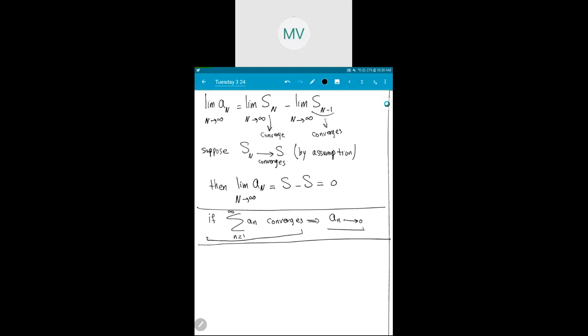Let me explain a little bit about this. This is a logical statement. Like I have P, then Q. So you make an assumption on P, and that's the statement you want to use to prove Q, or something that results in Q, right?